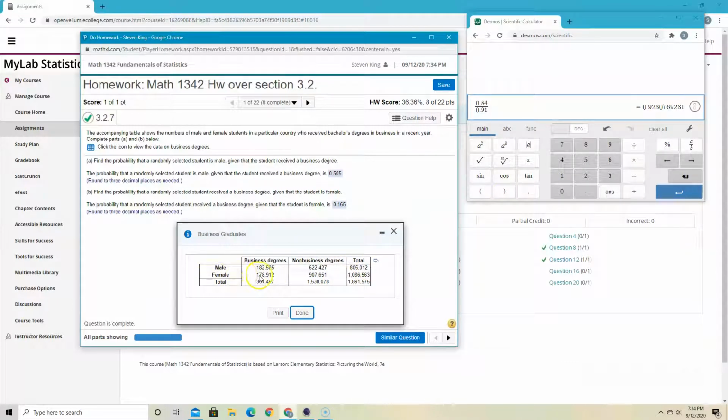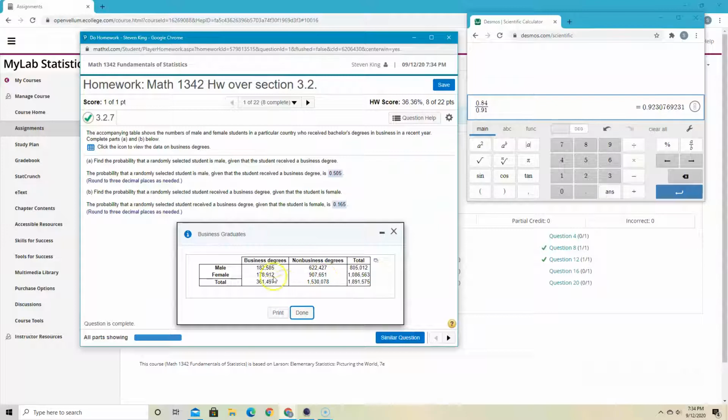Female row, we have 178,912 business degrees, 907,651 non-business degrees. So these two total add up to this 1,086,563 female students, again from that particular country in a recent year.